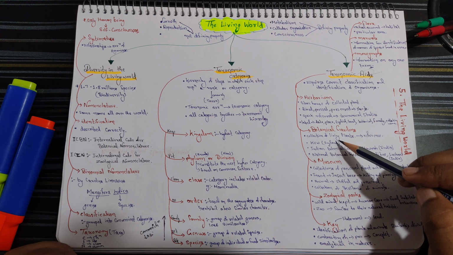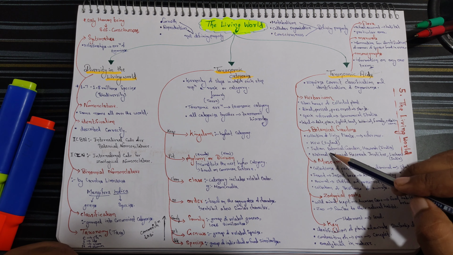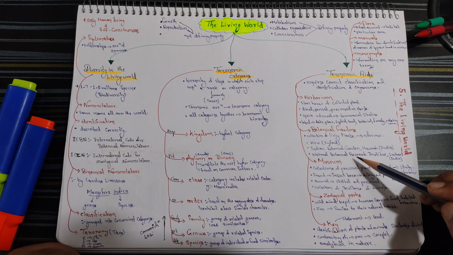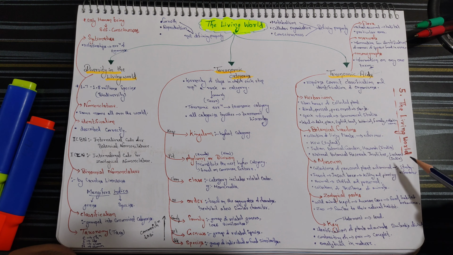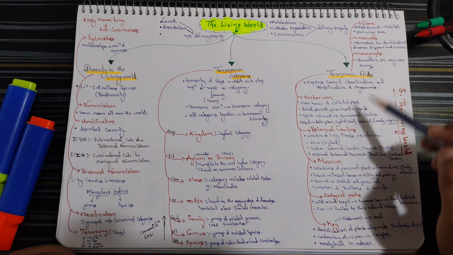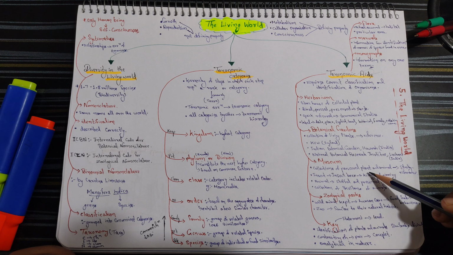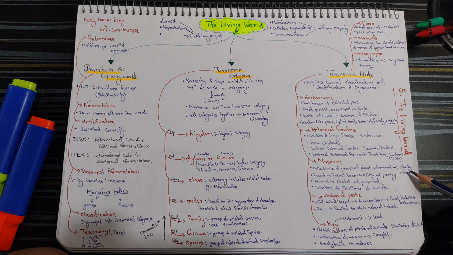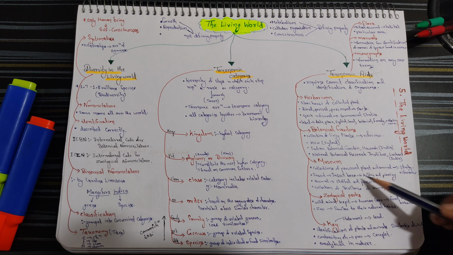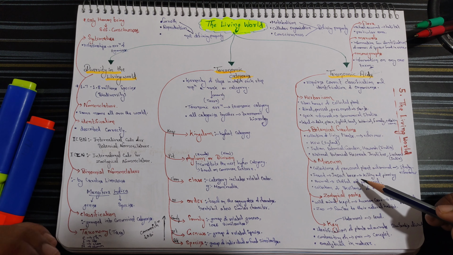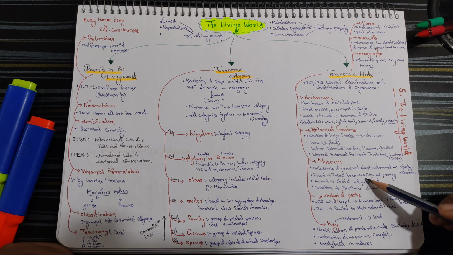Kew is a botanical garden in England. Indian Botanical Garden in Howrah, India. National Botanical Research Institute, Lucknow, India. And another part of taxonomical aids is museum, a collection of preserved plants and animals for study reference. Insects are preserved in an insect box by killing and pinning.